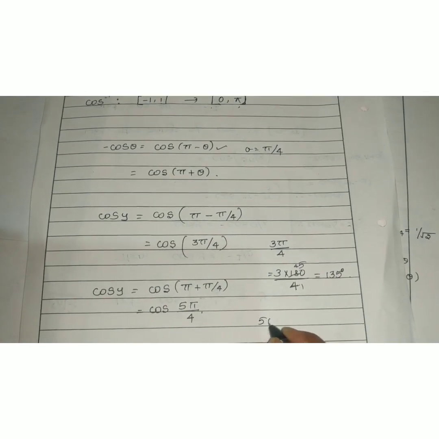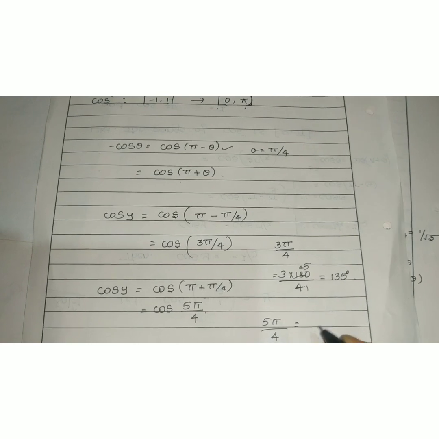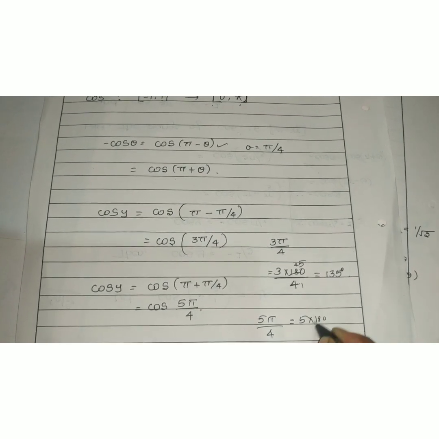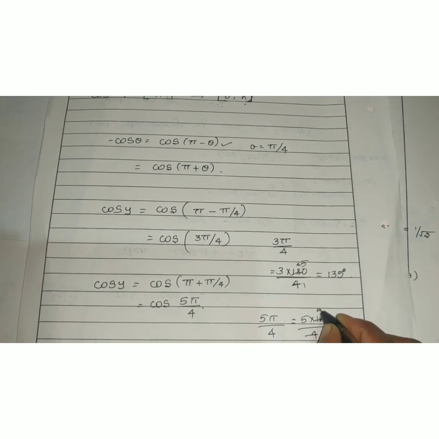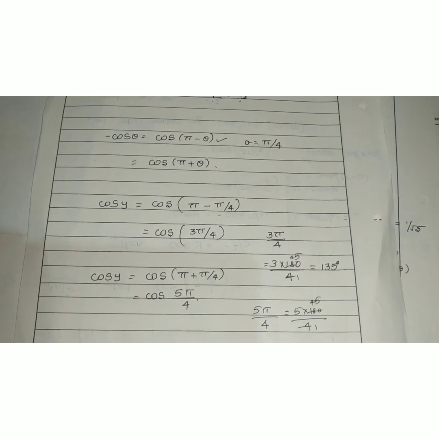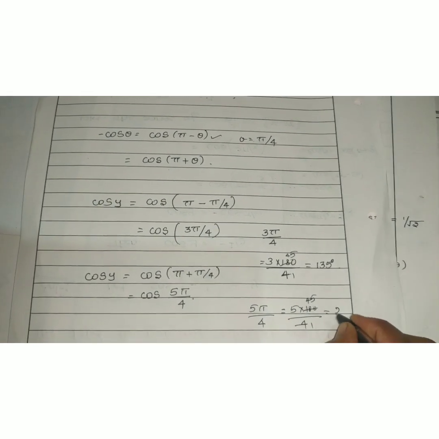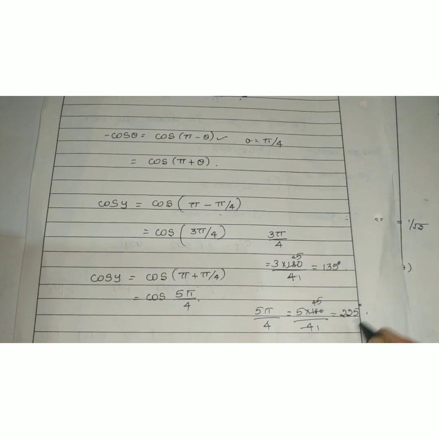And check 5 pi by 4: 5 into 180 divided by 4, 45 into 5, that is 225 degrees.